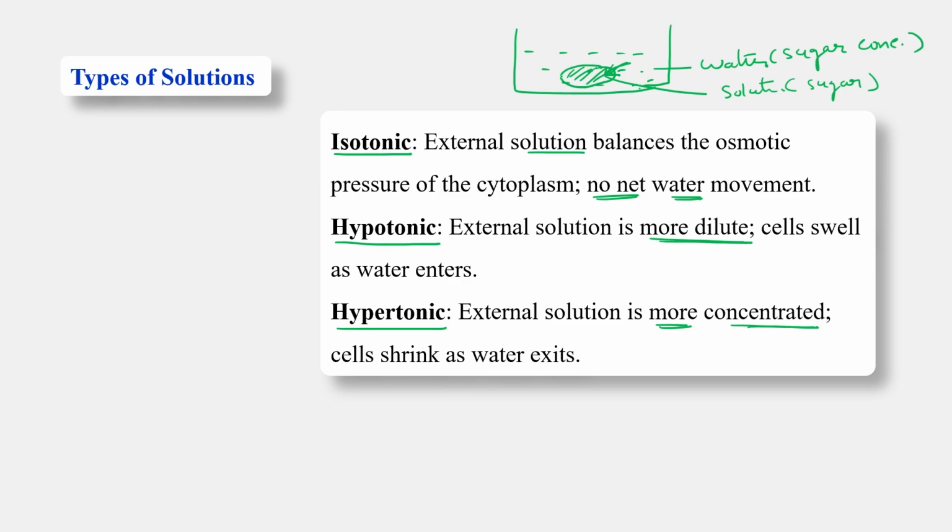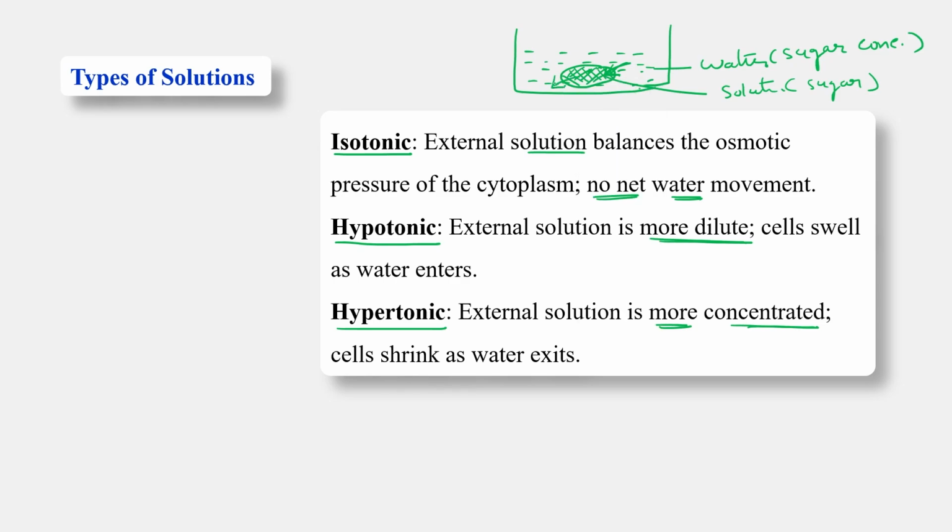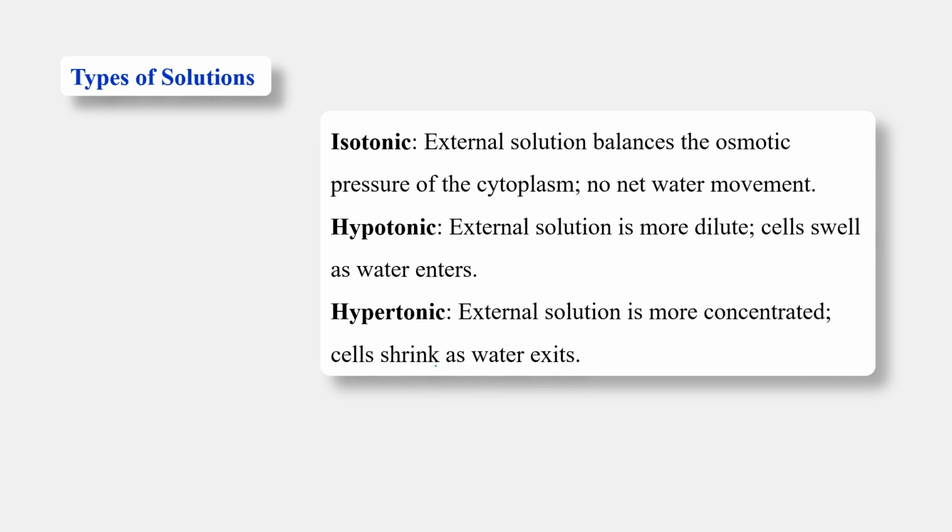If we put a raisin, or a plant leaf or something like this, and the sugar solution is less in this particular raisin as compared to the outside environment, then water moves from inside the raisin to outside. That time it will shrink, as its water moves out from the raisin into the Petri plate or solution. Okay, so there are three types of solutions.